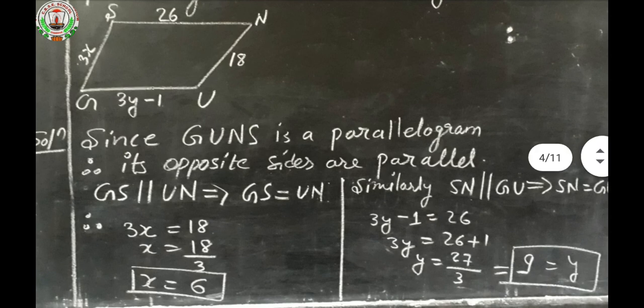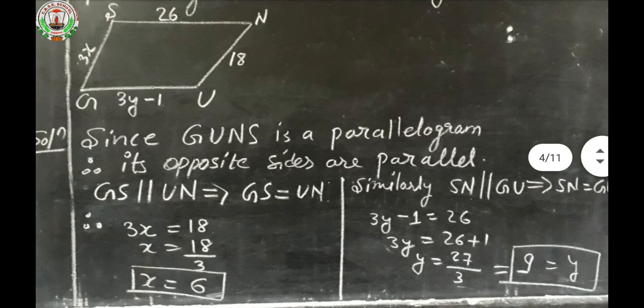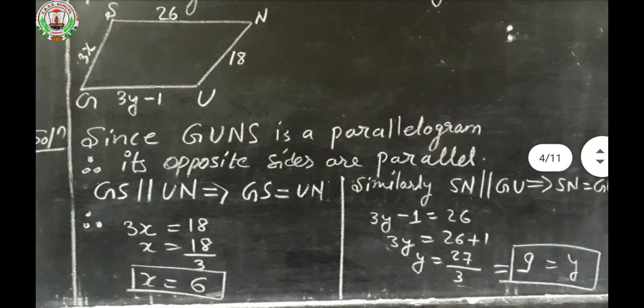GU is parallel to SN, and if it is parallel, the values of both sides will be equal, isn't it? They have equal measures, that is GU is equal to SN. In the same way GS is parallel to UN and GS is equal to UN, isn't it?